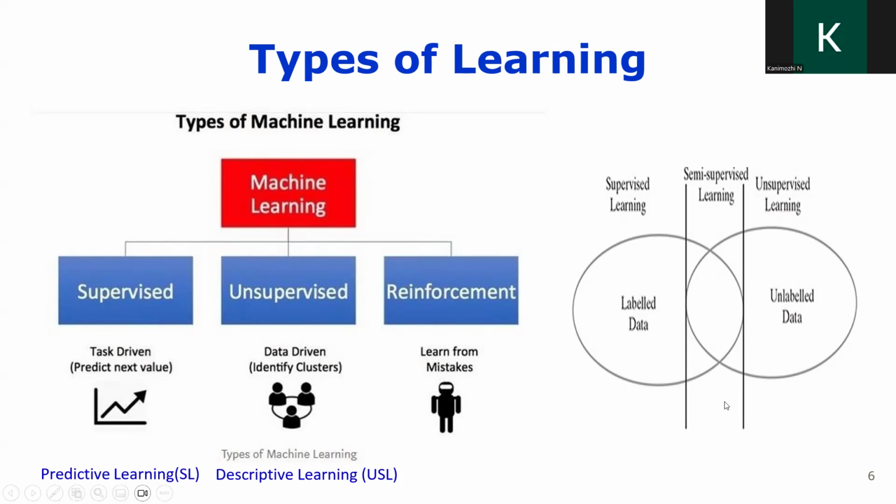On the right side, we could see a simple figure of the three learning models. Supervised learning uses labeled data, unsupervised uses unlabeled data. And here comes semi-supervised learning. It is a mix. It uses a little bit of labeled data and a lot of unlabeled data.